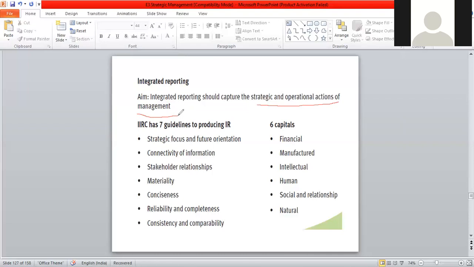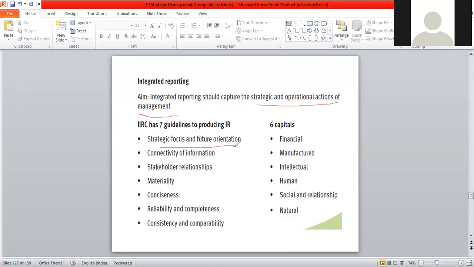The integrated reporting should capture the strategic and operational actions of the management, and there are 7 guidelines to produce IR, integrated reporting. First one is strategic focus and future orientation. What is their focus, and how are they perceiving their business to operate in the future?